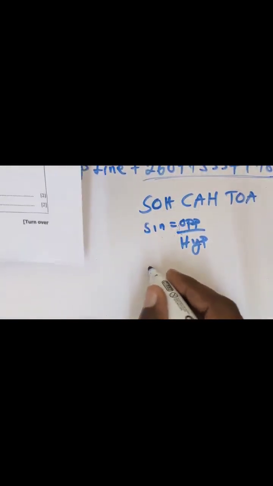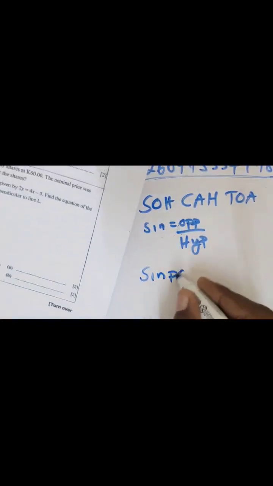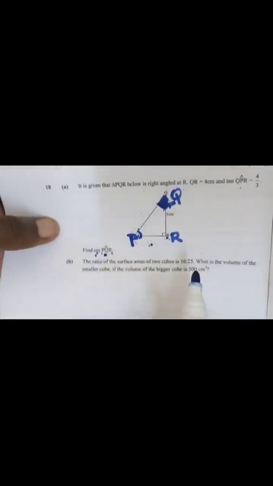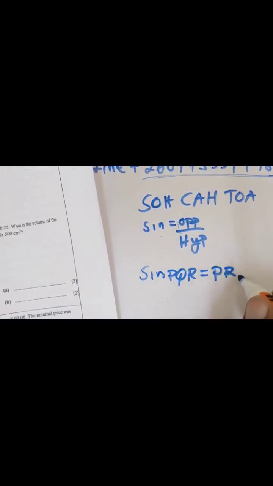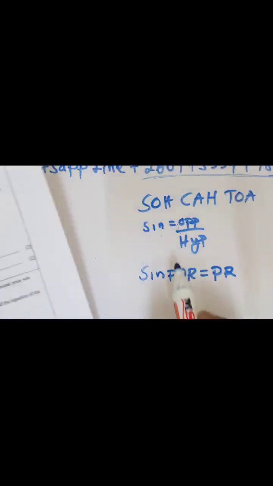So now, let's try to do this. Sine PQR is equal to the opposite, and the opposite is PR, over the hypotenuse, because sine is equal to opposite over hypotenuse.